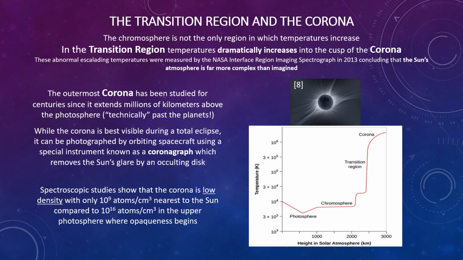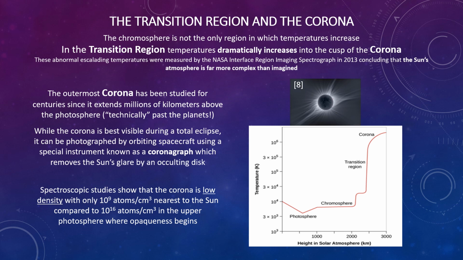In the transition region, the temperature increases dramatically up until the cusp of the corona, where the temperature still increases, but not as much. We can see in the graph down below the temperature dips down in the photosphere, rises again in the chromosphere, then shoots up crazy high in the transition region, and then slowly tapers off in the corona.